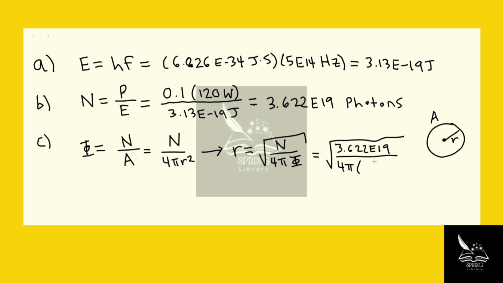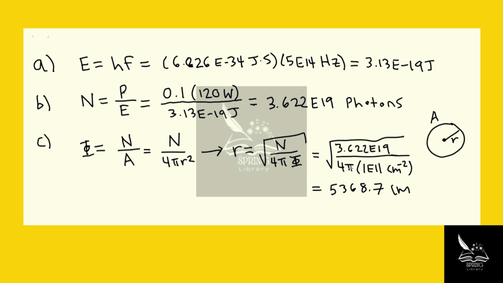We can take the flux that was quoted, 1 times 10 to the 11 per square centimeter. We are going to be left with 5368.7 centimeters.